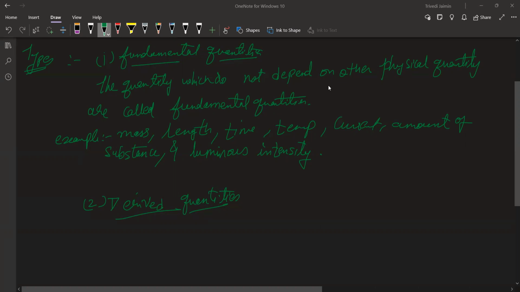Okay, let's write: the quantity which depends on other physical quantities, derived quantities.